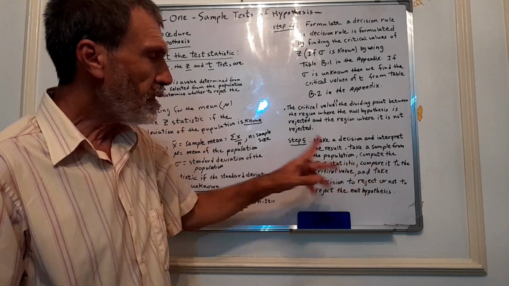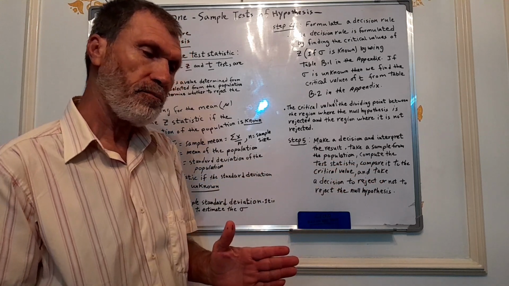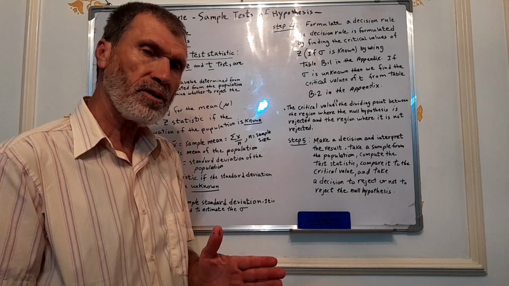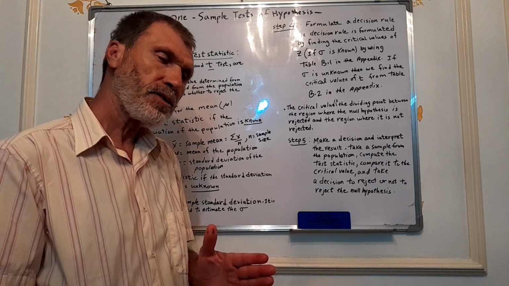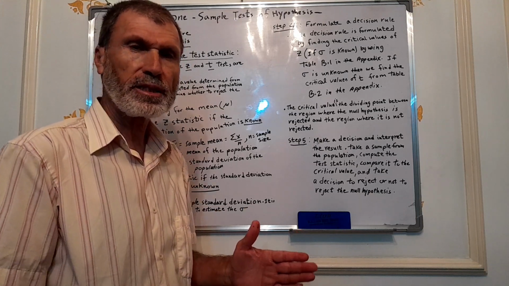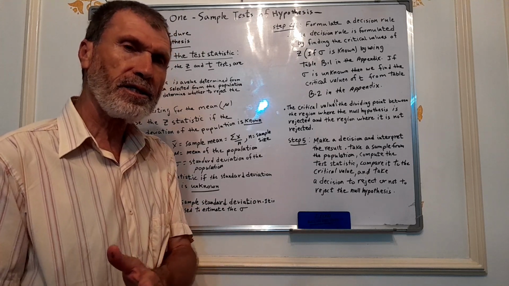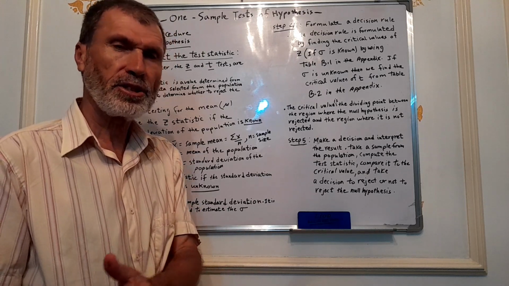Compare it to the critical value, whether it is bigger than the critical value or smaller than the critical value. If it is bigger than the critical value, then it is in the critical region, in the rejection region.